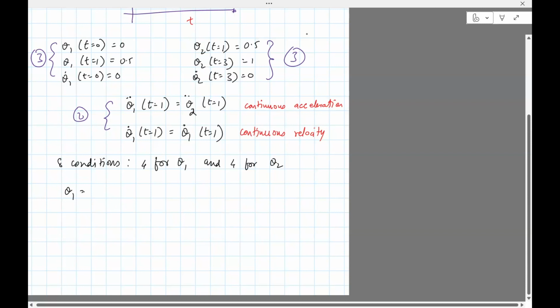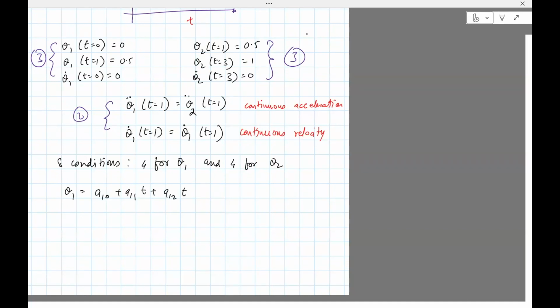We need to assume a third order polynomial for theta 1, so let's do that, and a third order polynomial for theta 2. We write this as theta 1 of t and this is theta 2 of t: a20 plus a21 t plus a22 t squared plus a23 t cubed.